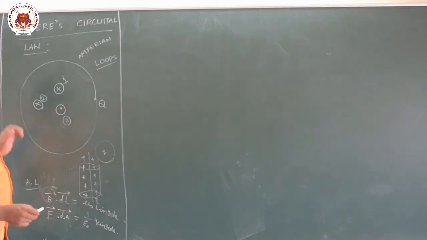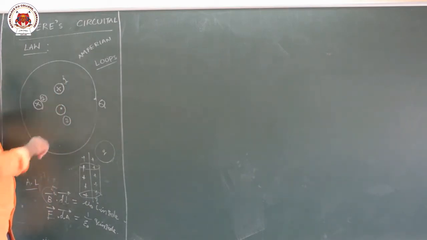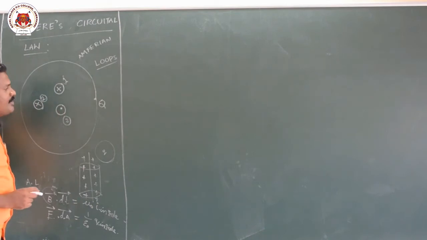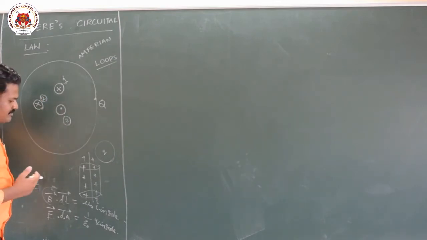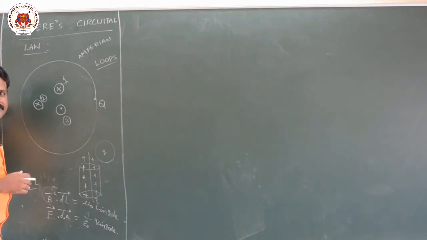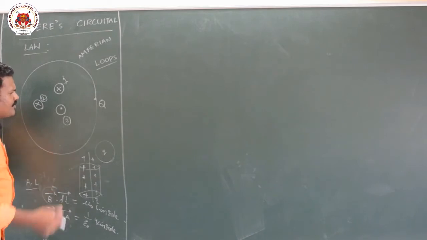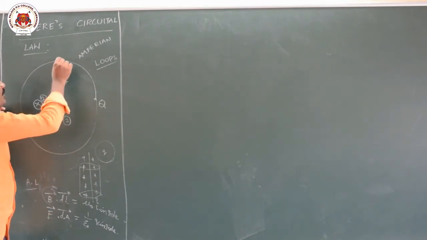So let us come to the example you have taken. According to Ampere's rule, there are 3 wires here, and you have to take the total current inside. For the total current, you have to give a sign convention, either taking inside as positive or outside as positive. For that reason you give one direction to the loop.